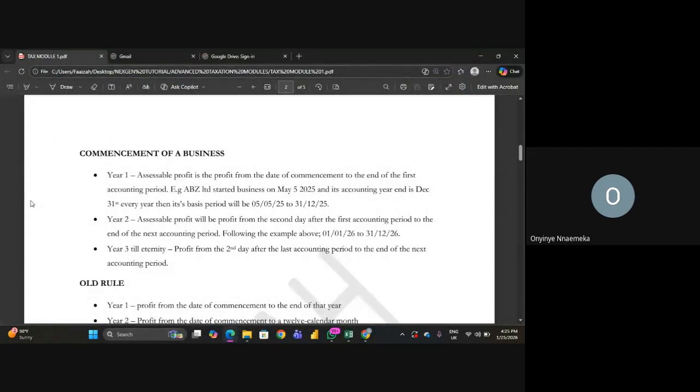So now year three to eternity is saying that the profit from the second day after the last accounting period to the end of the next accounting period. This is simply just year two repeating itself, and that's how it's going to be. Simple. We are not omitting any profits, and we are not taxing one profit more than once. It's as simple as that.